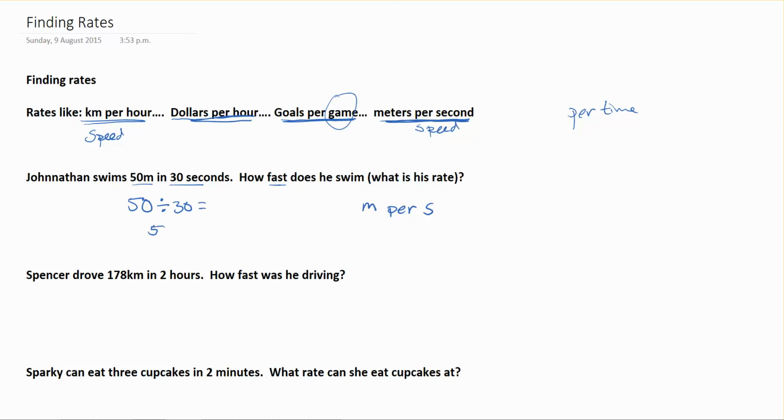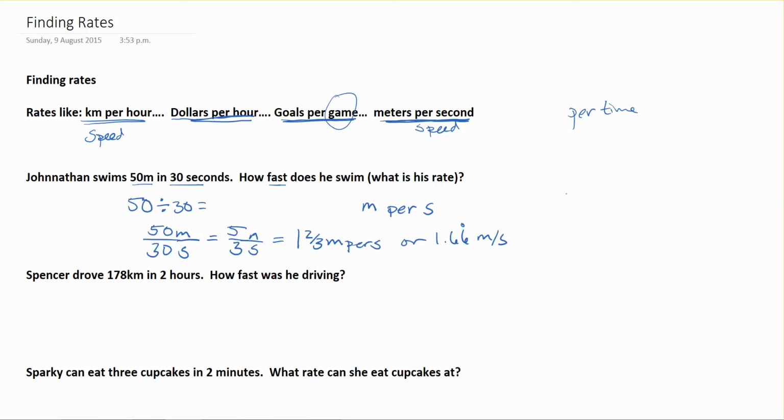You can also think about it as a fraction, 50 over 30. So that's meters per second. So if we do that, we get 5 over 3 meters over seconds. And that's also equal to 1 2/3 meters per second, or 1.66 recurring meters per second.